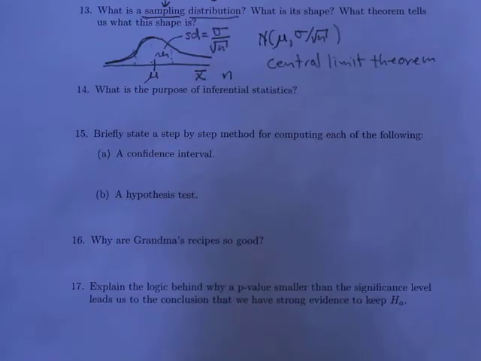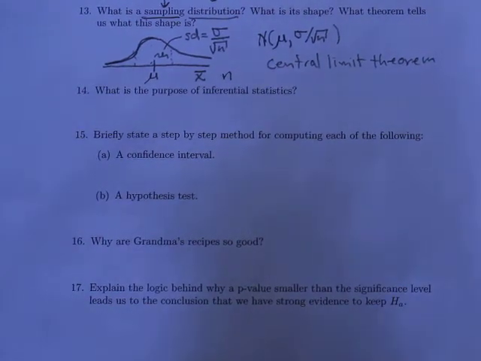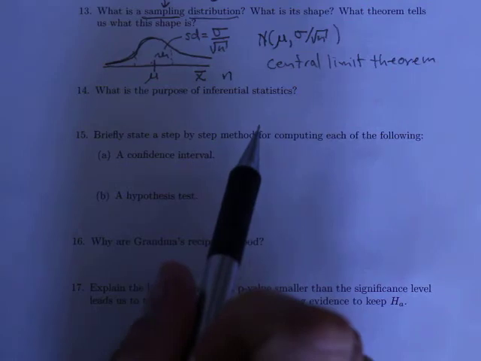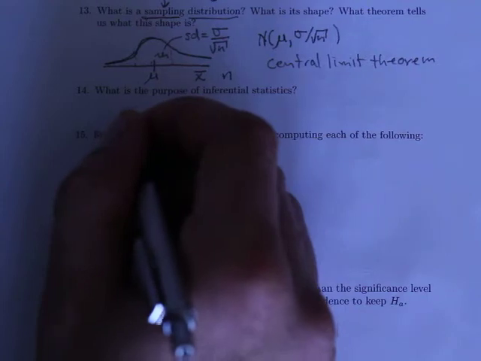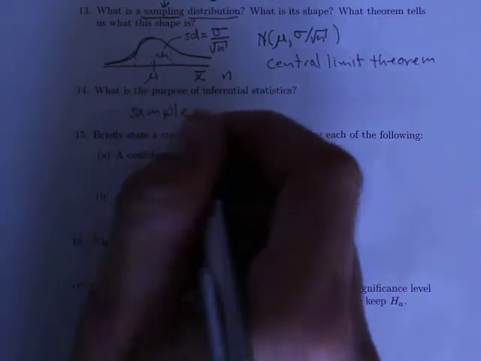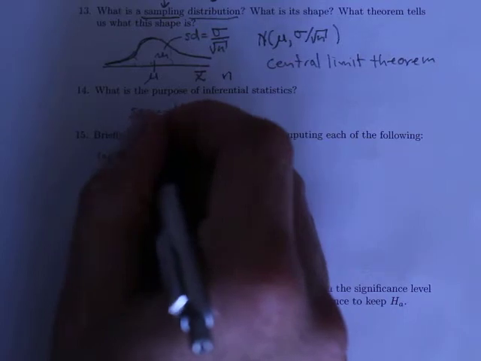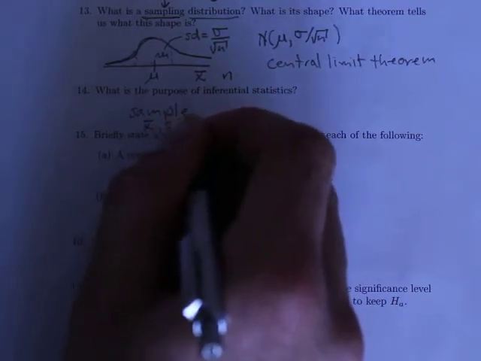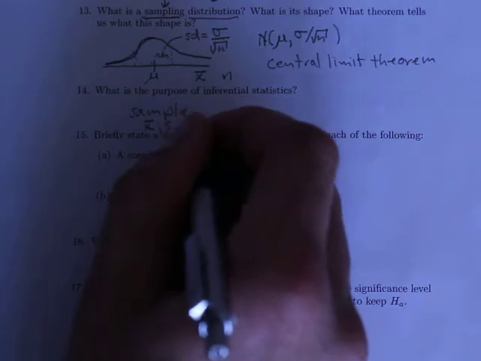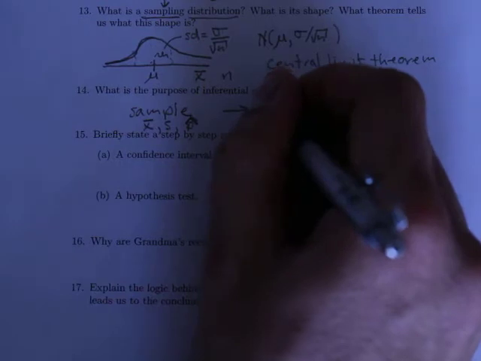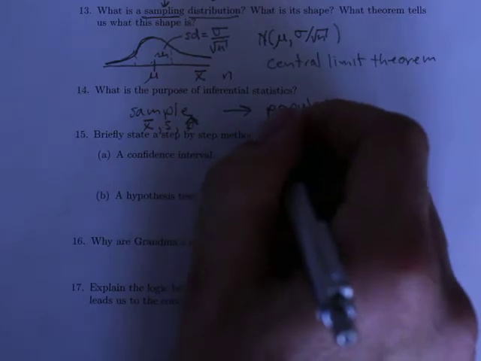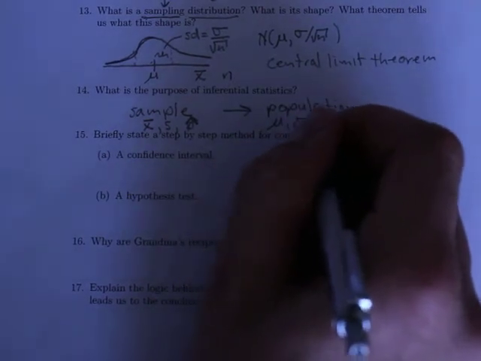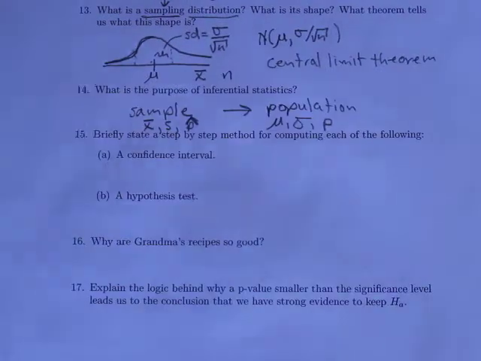Next thing is the purpose of inferential statistics. Inferential statistics is the process of trying to understand a population from a sample. So you take a sample, take some sample measurements like the sample mean, standard deviation, or don't forget p-hat, and from those try and come to some conclusions about the population that this data came from, maybe the population mean, population standard deviation, or population proportion.